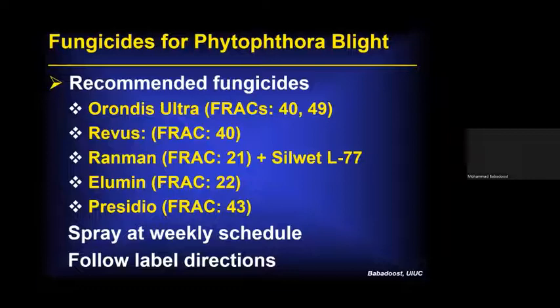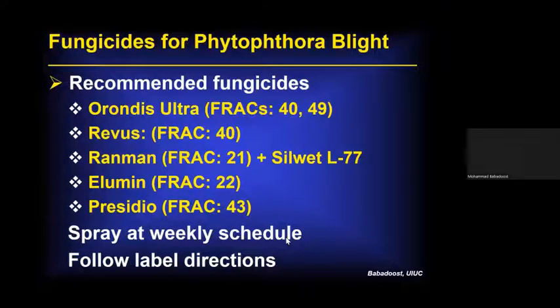Nothing really is effective in this case. So we have to spray the plants before the rain and after the rain. If water is standing in the soil, it's going to be very, very difficult.